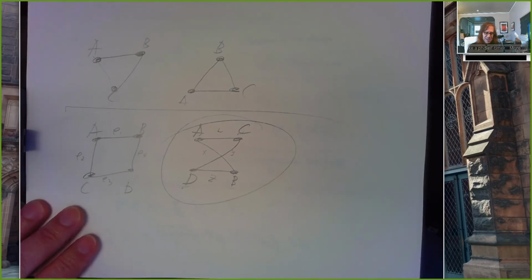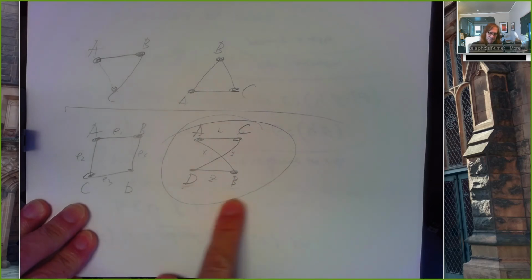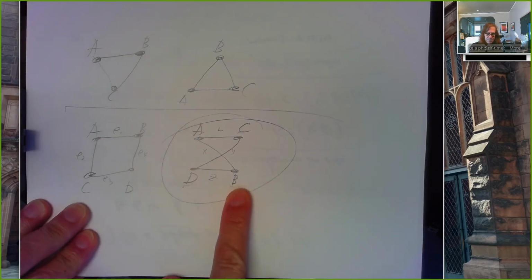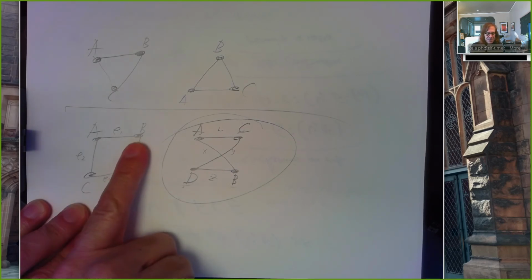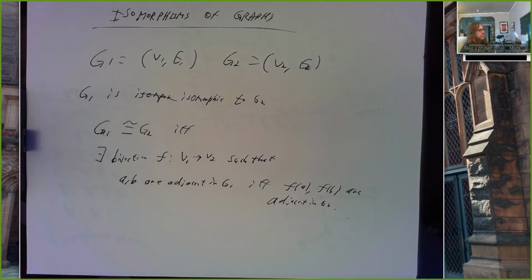And it's basically saying, yeah, if I name this A, and I name this B, and I name this C, and I name this D, then adjacency is preserved, right? A and B are adjacent here, A and C are adjacent there. So in layperson's terms, if you can relabel your vertices in such a way that you end up with exactly the same graph in the traditional sense, you know, where I could move around the letters and have it look exactly the same, then the graphs are said to be isomorphic.